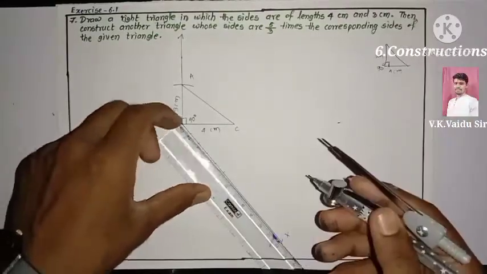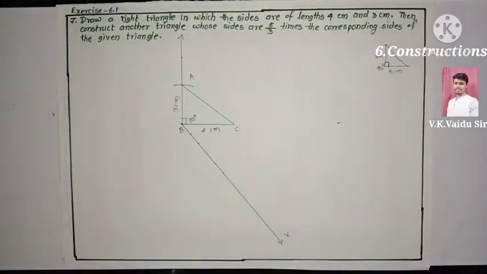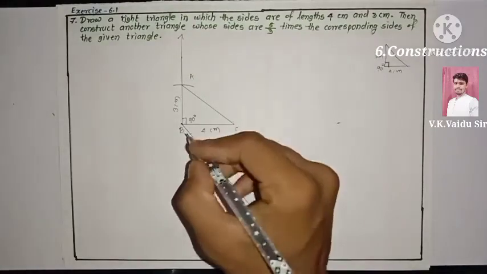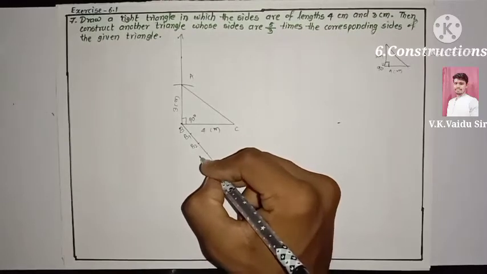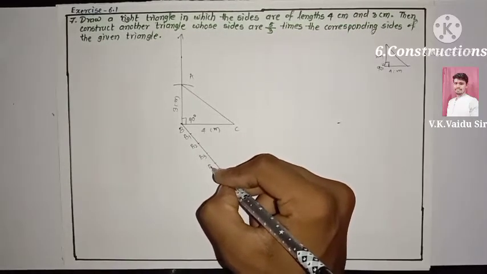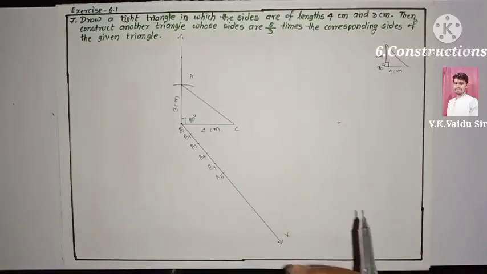Here I took 5 equal points, and we name them B1, B2, B3, B4 and B5.